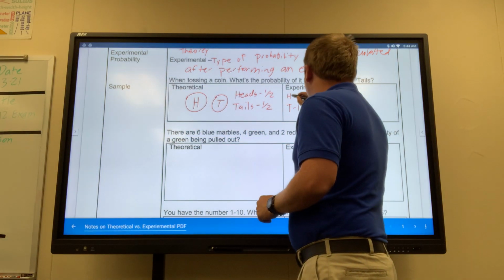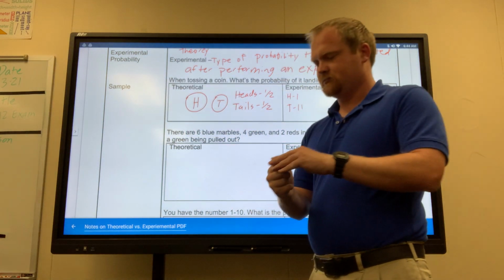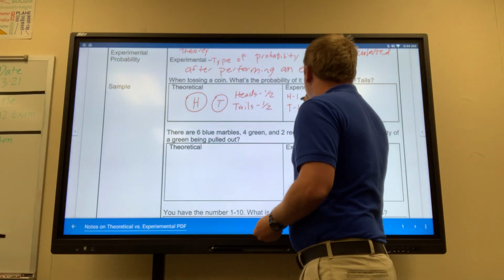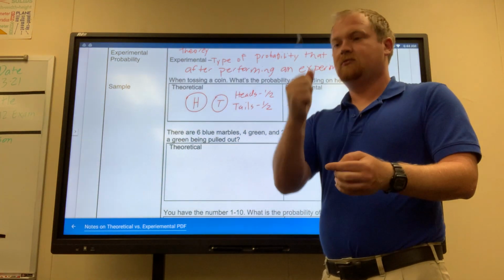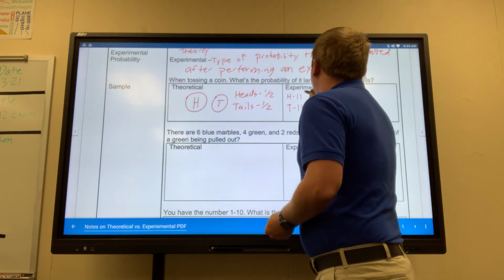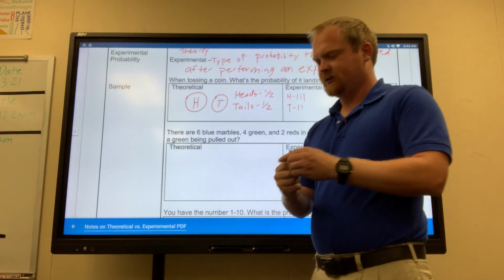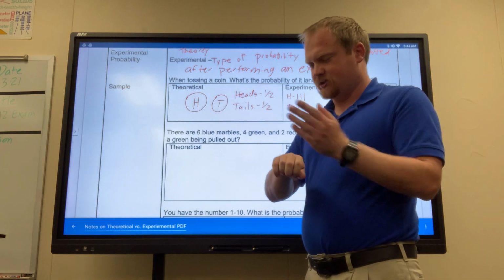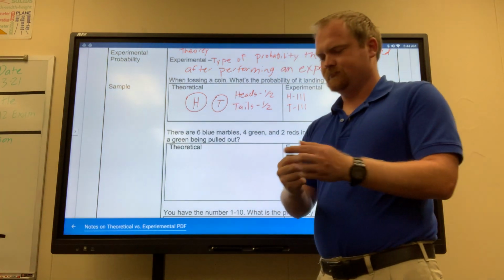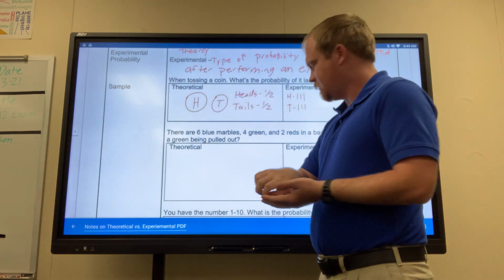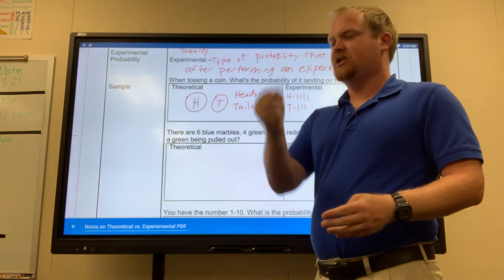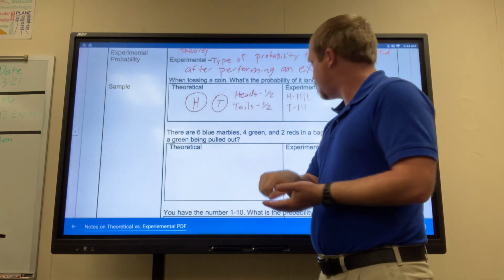Heads. Heads again. And this is what I mean by experimental. I'm actually testing the theory and figuring out what the chances are. And as I go along, I actually will determine out of 10 chances what the results will be.